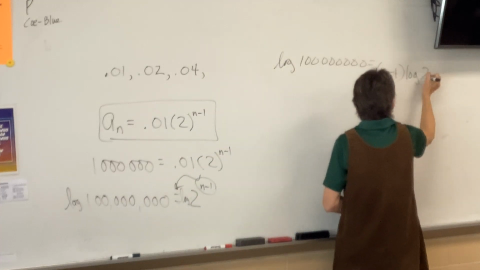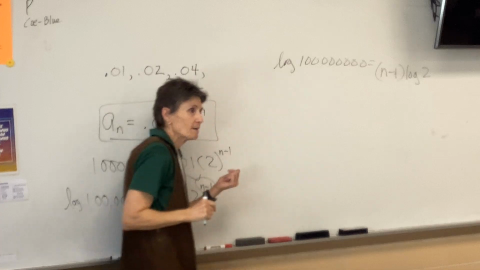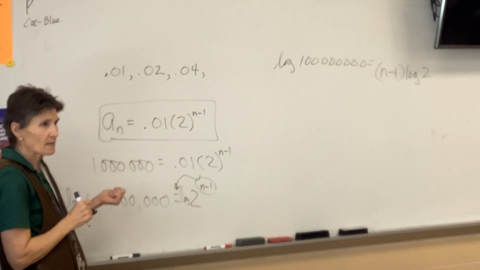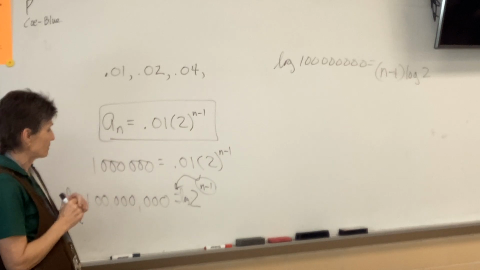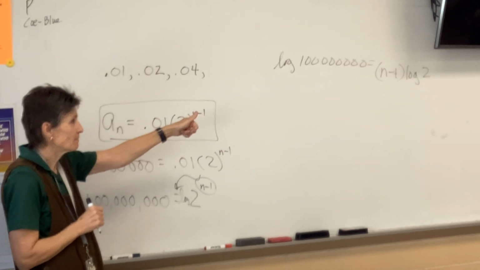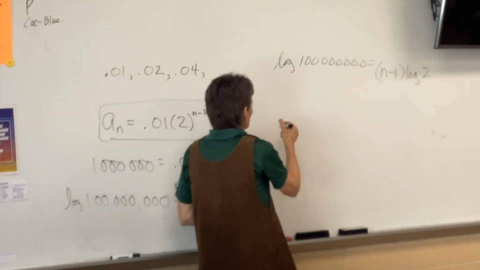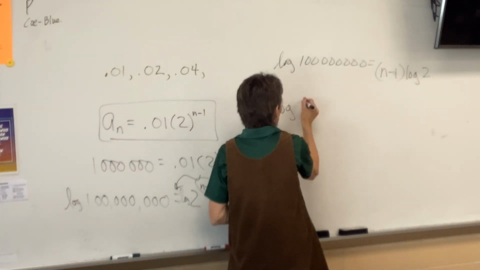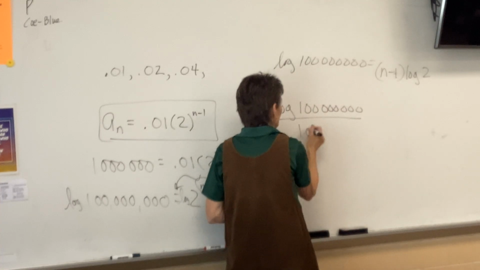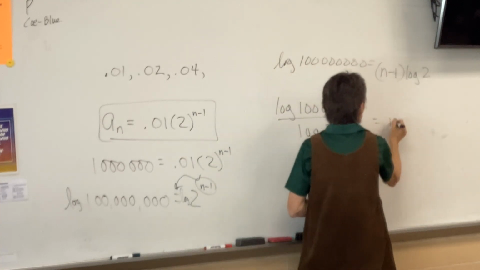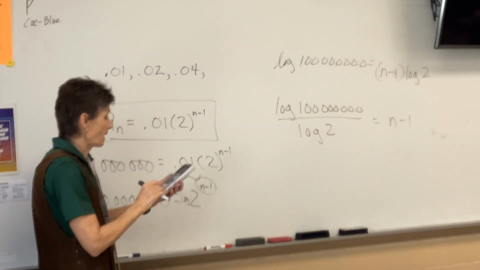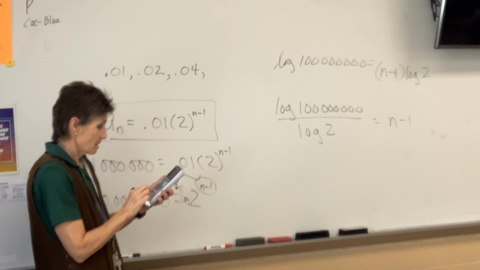I know that seems like magic, and I always think of it as magic. It's a property of logarithms. We're going to spend more time on that when we get a little further into the chapter, but do you remember doing that? Pulling the exponent off? Then I'm going to divide by the log of 2. And then I'll add 1. So I'll just add 1. 6.